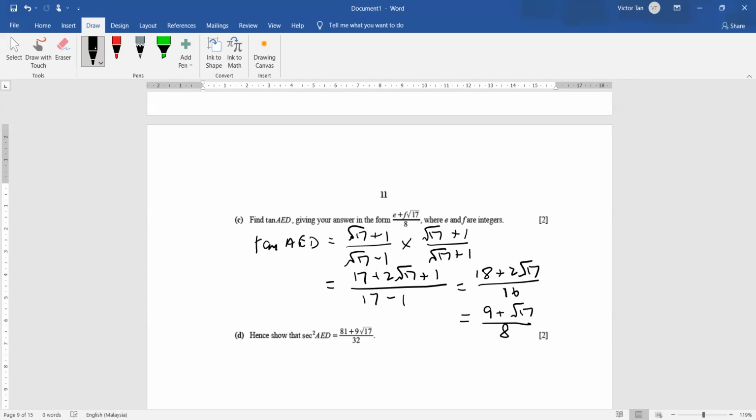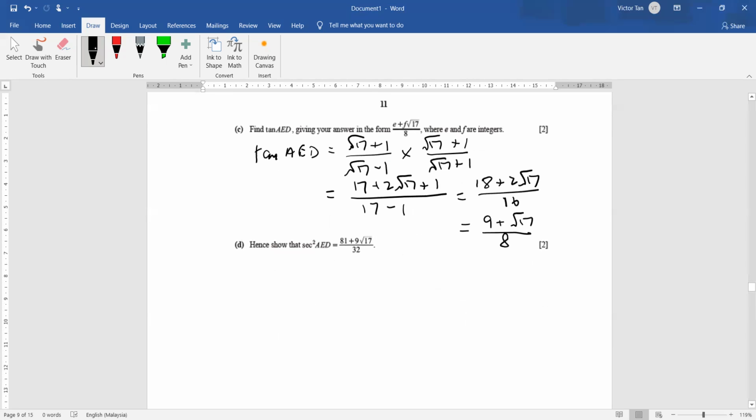Show that secant squared AED equals this. So for this one you have to use the identity: secant squared AED equals 1 plus tangent squared AED.